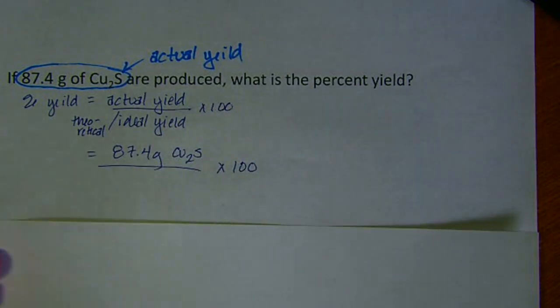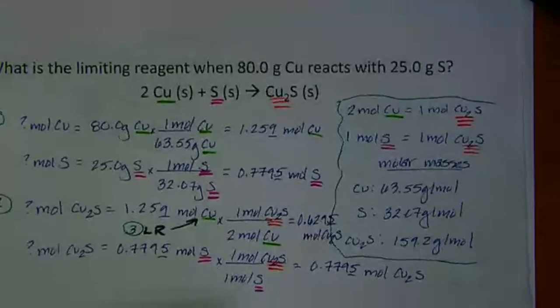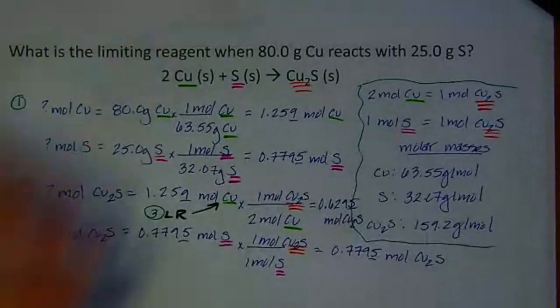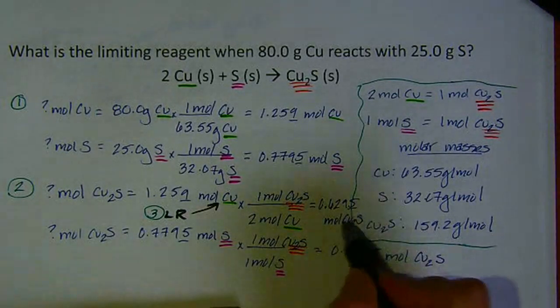Your ideal yield, or your theoretical yield, is going to be how much you are expecting to get out of this reaction. If we take a look back, we are expecting to get 0.6295 moles of copper sulfide out of this.